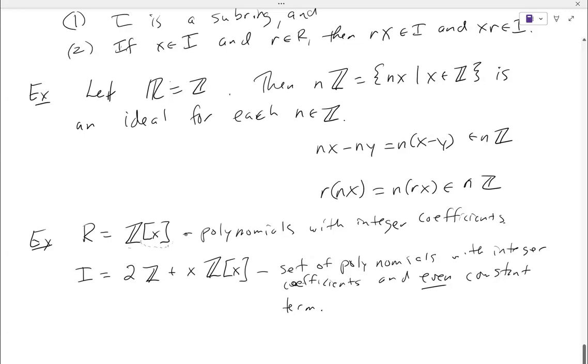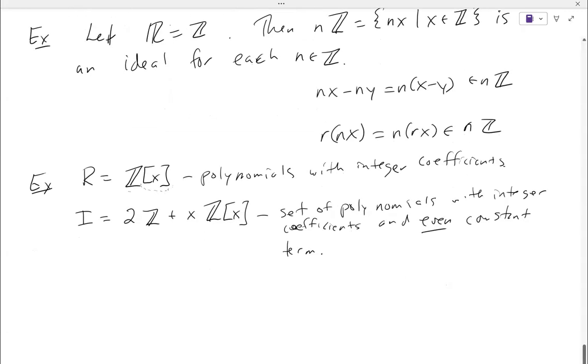Your coefficients can be even or odd on the x's, but the constant term has to be even, right? Agreed? Okay.